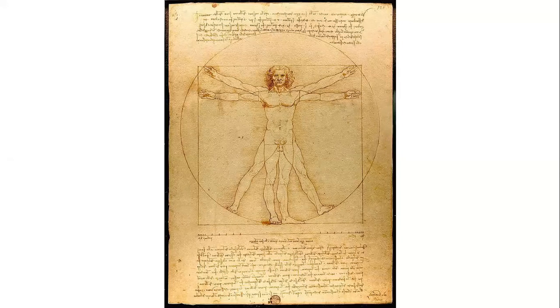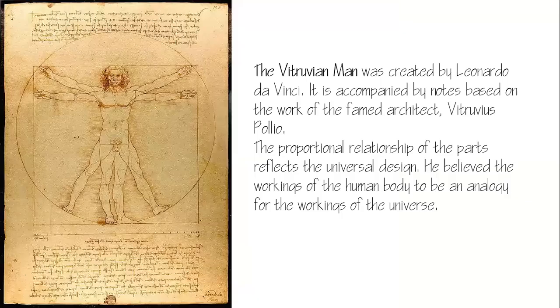This is what we call the Vitruvian Man. Usually, if we're gonna talk about architecture or architectural design, kani siya usually ang gigamit nga symbol to symbolize architecture and architectural design.